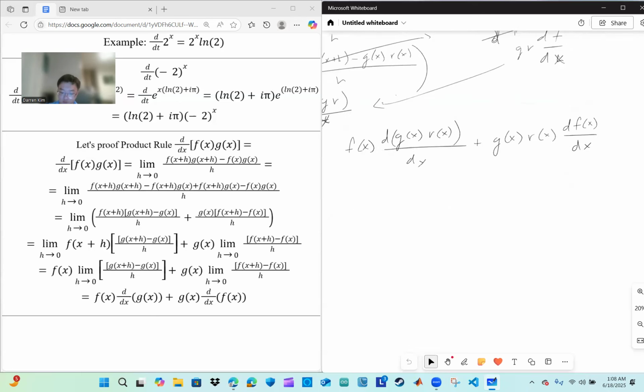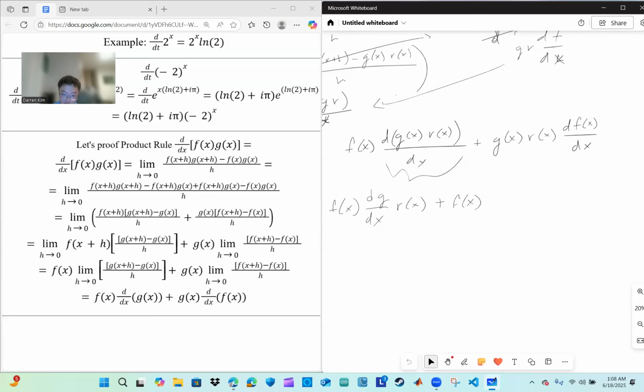Now we move down from here. Now this is just a product rule, as you can see. And then we can get from that dg/dx, keeping the dr/dx, plus we keep the df/dx, right?